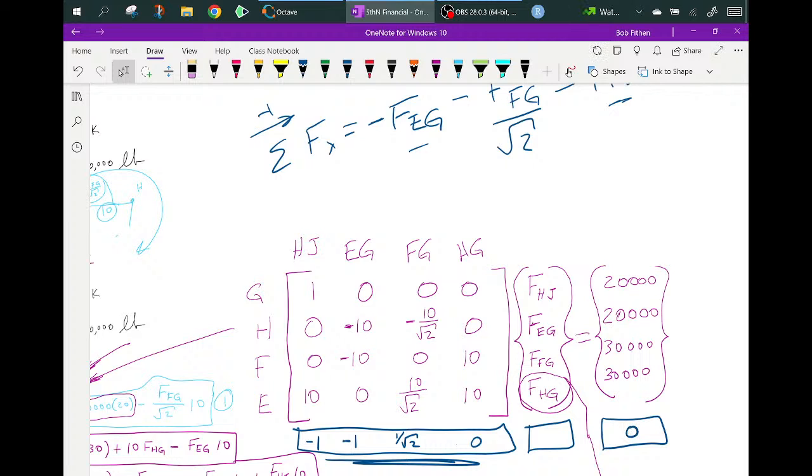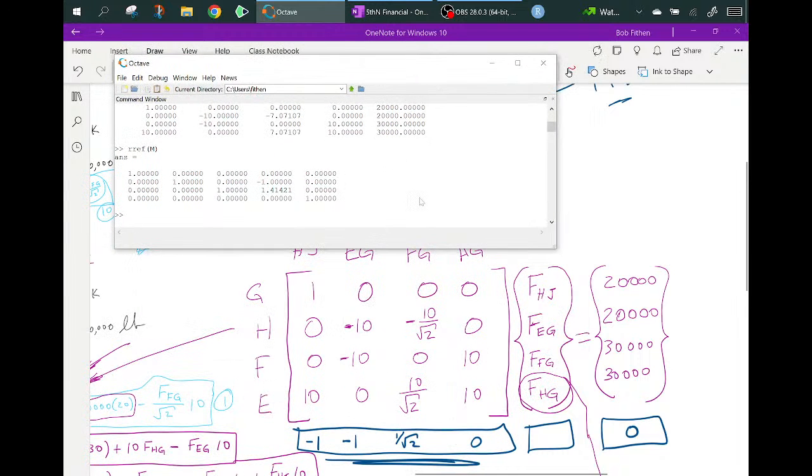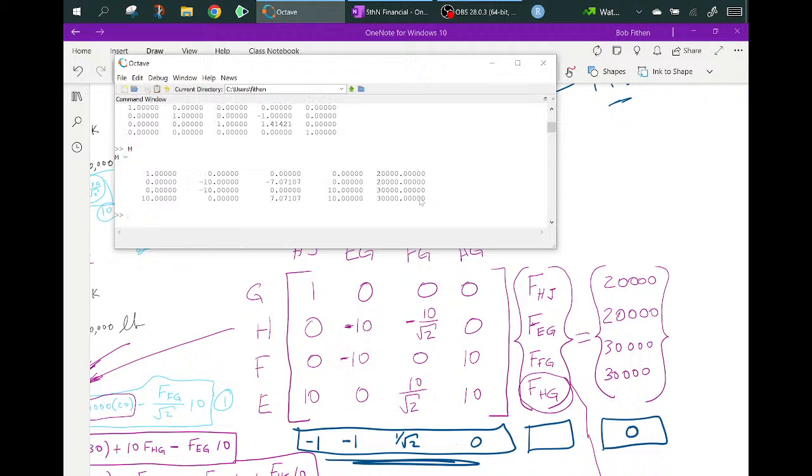So there's a new equation. So I might say, oh, I forgot an equation. Let's see if I do that. Now I haven't done this beforehand. So this is basically me adding to this. So now I got M. I'm going to add a new row to this M. Okay, here's my M. So I got to add a new row. So I think I'm going to call it, how about N now?